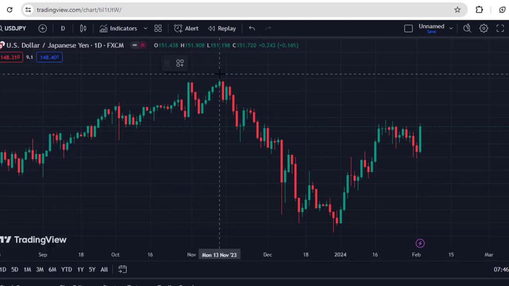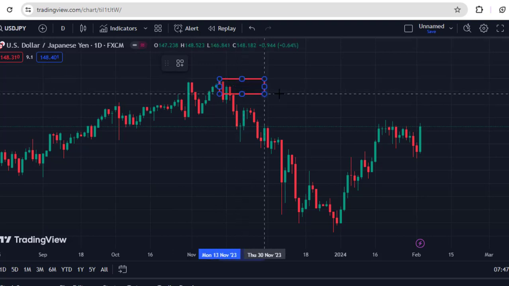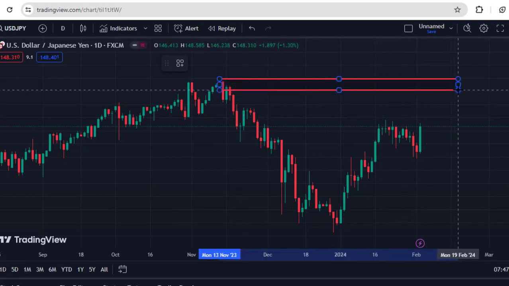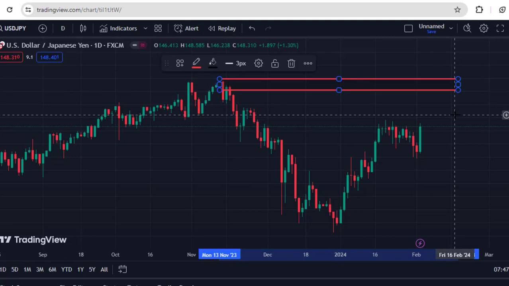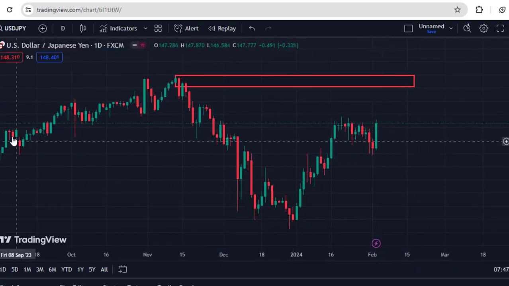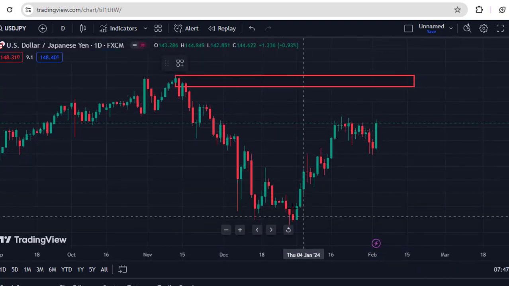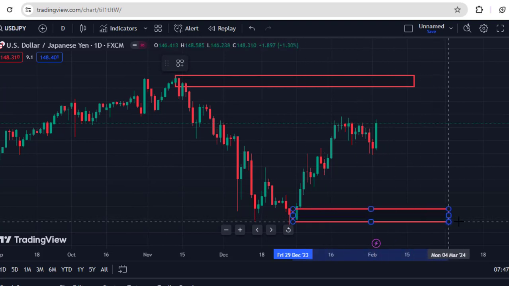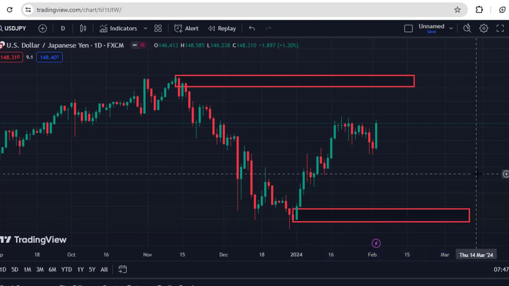In this case, this is a very strong resistance that appears on the chart right at this point, and we have a very important support that appears on the chart at this very area as well. And when you are choosing your strong level, you must choose the one that is very close to price action. What does that mean?